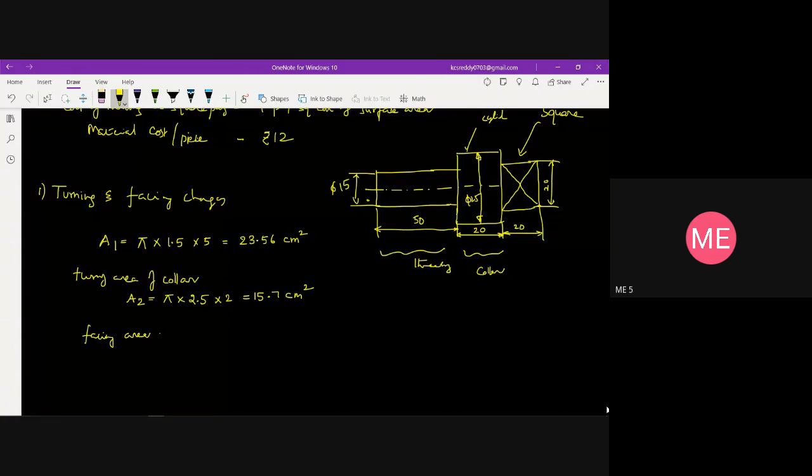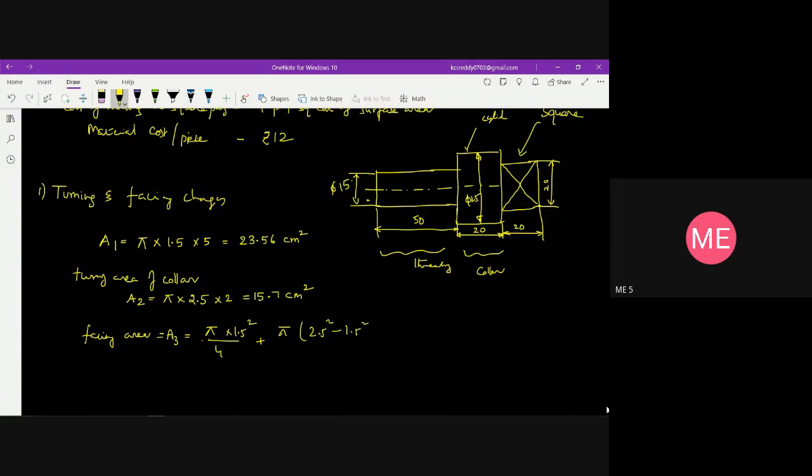So facing area, I'll take it as A3, which is equal to pi d square by 4, that is pi into 1.5 square by 4, plus pi into, so here the facing is reduced from 25 to 15, so will be taken as pi into 2.5 square minus 1 square divided by 4, which I'm going to get 4.91 centimeter square.